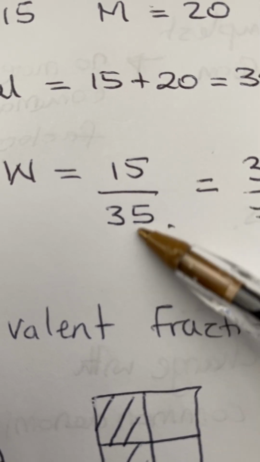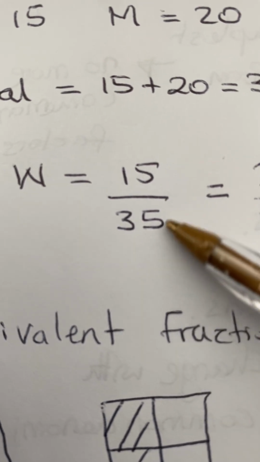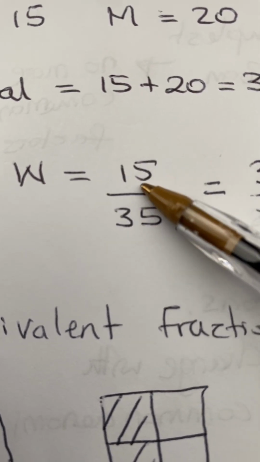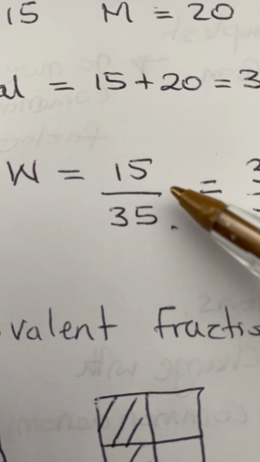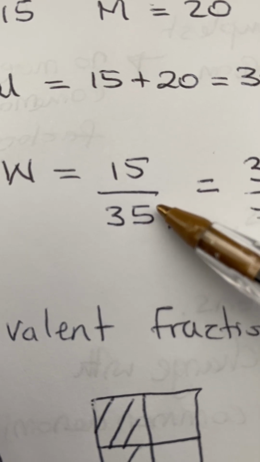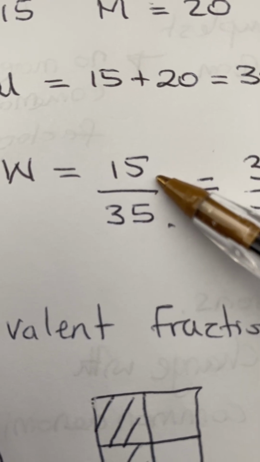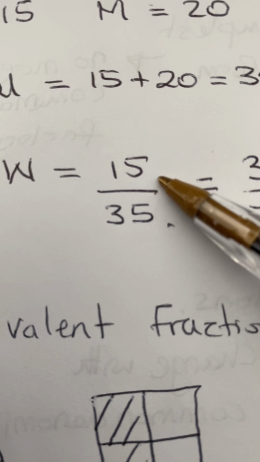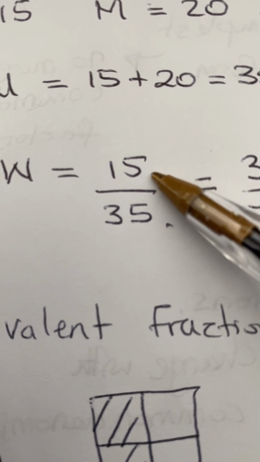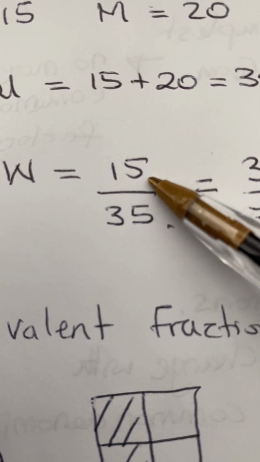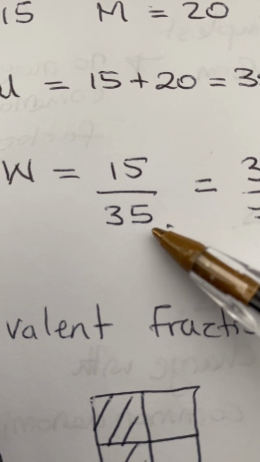I hope it's clear. Now this is not in the lowest form, because 5 can go into 15 and can also divide 35.